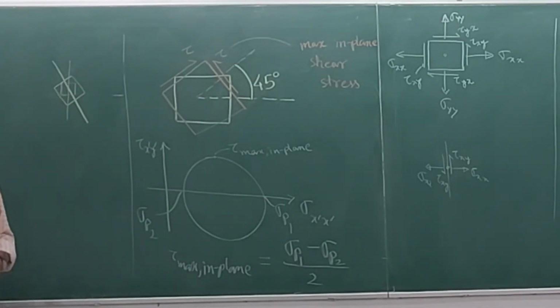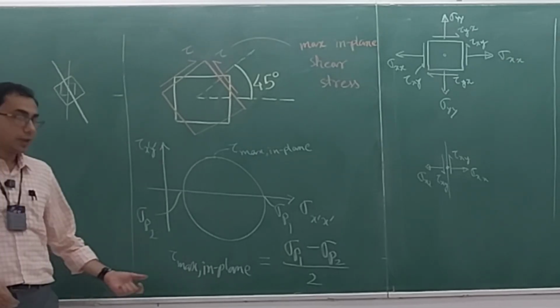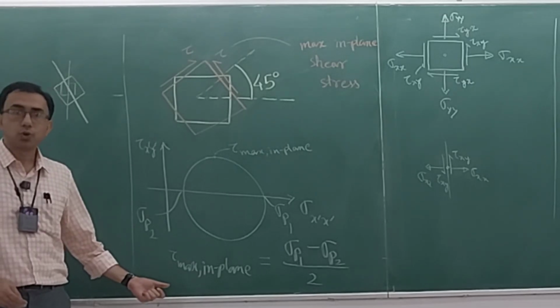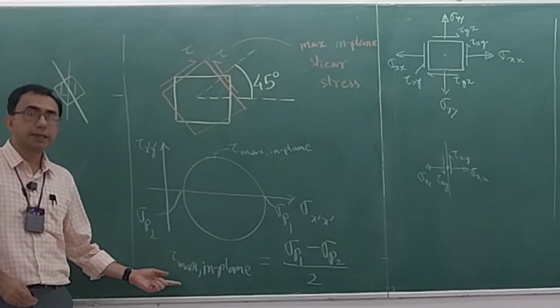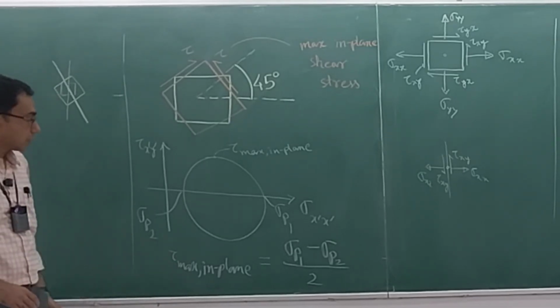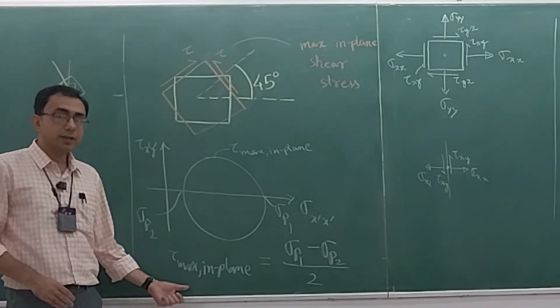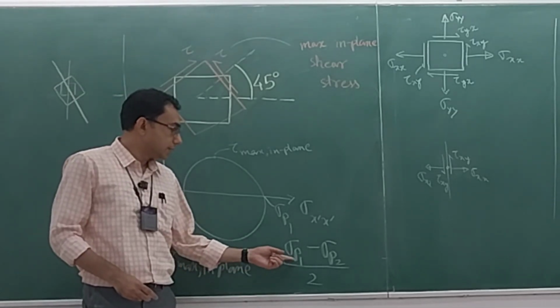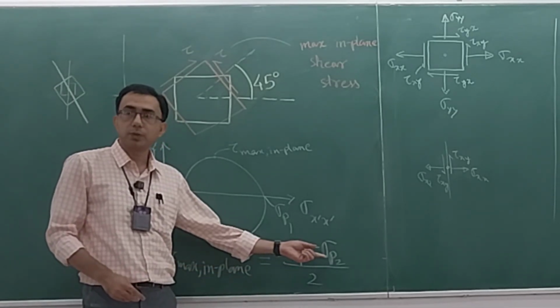Now, as I have told you a few times earlier, when we are talking about shear stresses, it doesn't make much sense to talk about the positivity or the negativity of it, as long as we have an understanding of its direction. So in reality, because in general you do not know whether sigma p1 is larger or sigma p2 is larger.